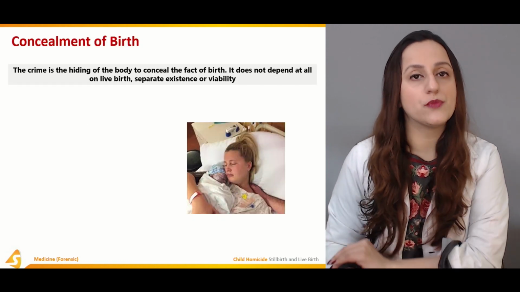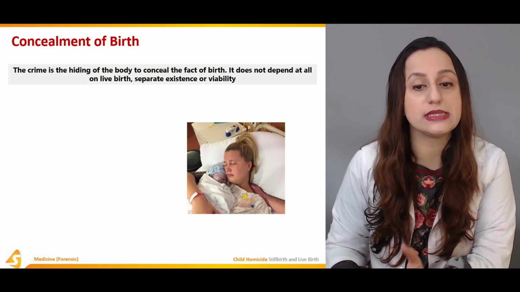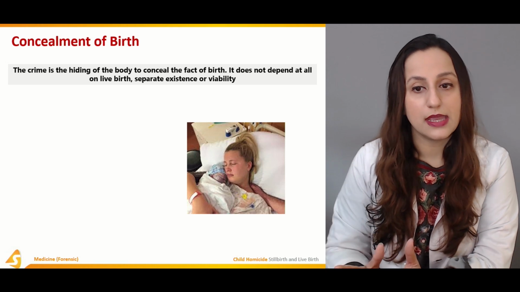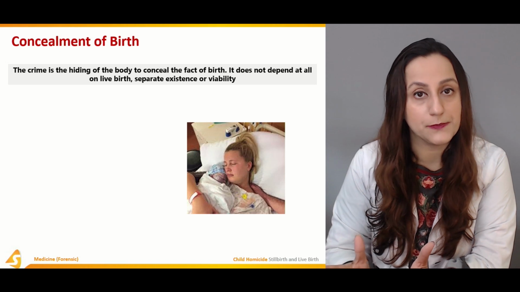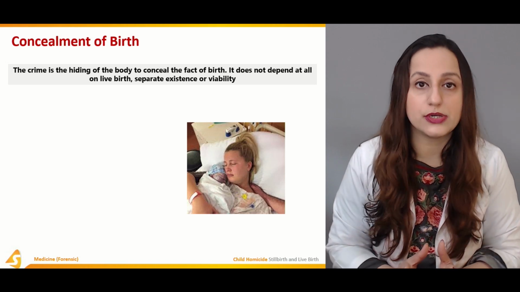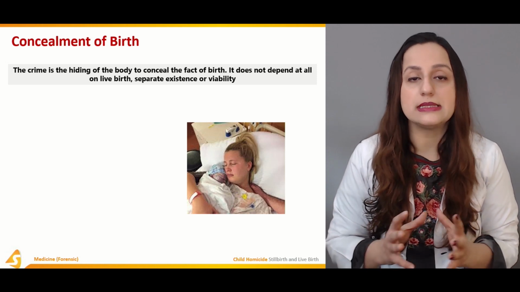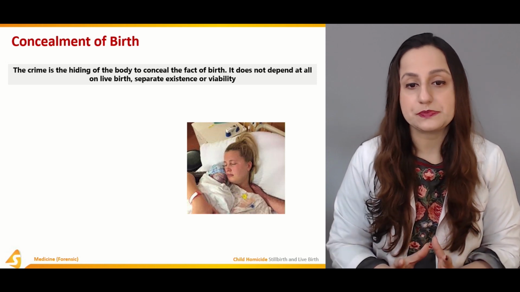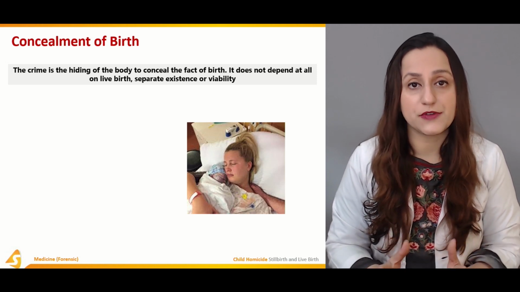Now, concealment of birth is defined as the crime of hiding of the body to conceal the fact of the birth, and it doesn't depend at all on live birth, separate existence, or viability. So it can be the stillbirth or it can be the live birth on the other hand, but it cannot be concealed, it cannot be hidden, and the fact has to be there according to the death certificates of the child.